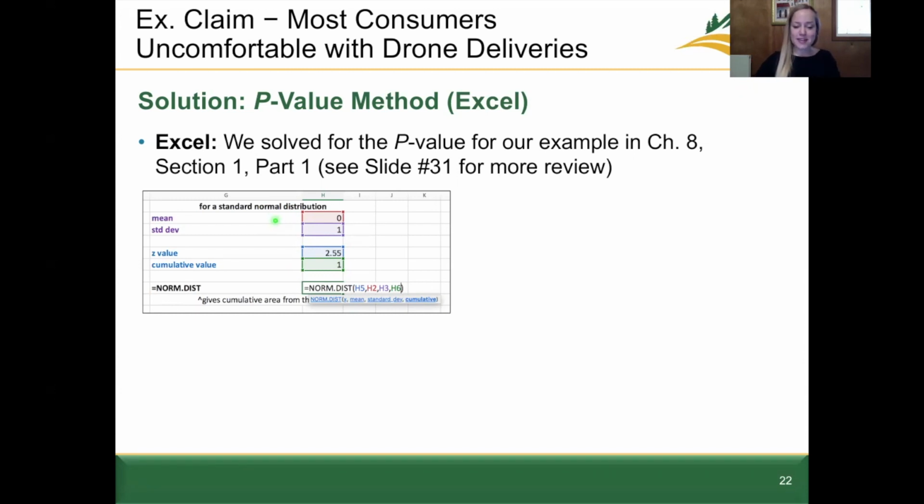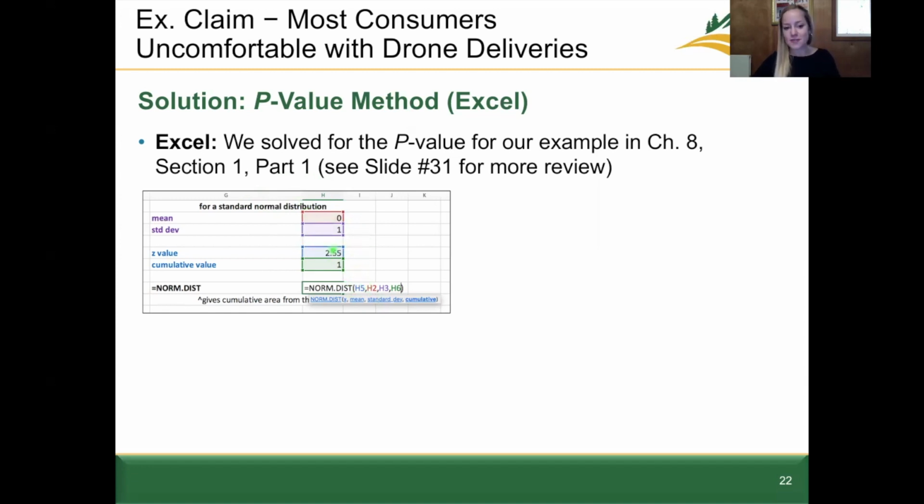Then the function in Excel we can use for this is our normal distribution function. For this function, we need our x value, we need our mean, standard deviation, and our cumulative value. Now, again, because we're working with a standard normal distribution approximation, we know our mean and we know our standard deviation values.